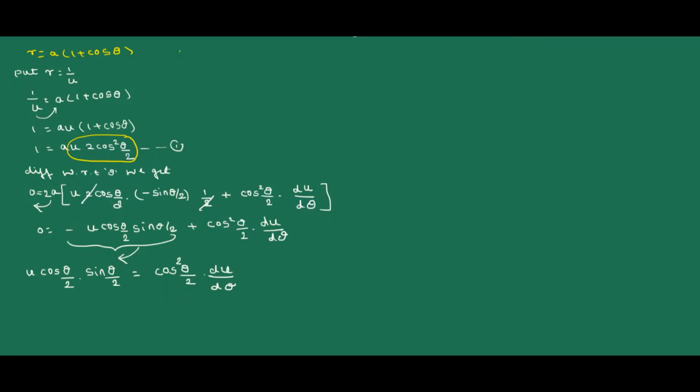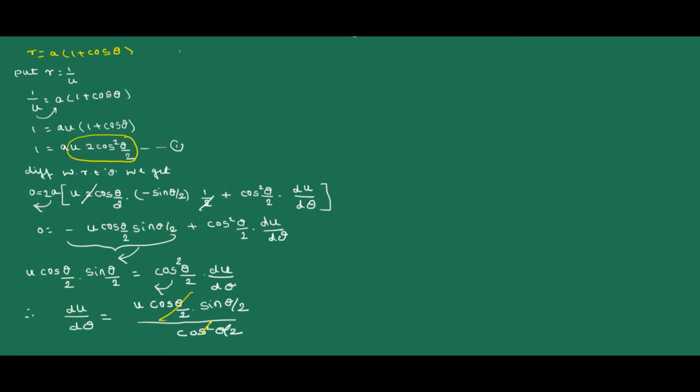So find the value for du by d theta. Therefore du divided by d theta is equal to, transposing cos square theta by 2 to the left hand side, u cos theta by 2 into sin theta by 2 divided by cos square theta by 2, where one of the cos theta by 2 gets cancelled.